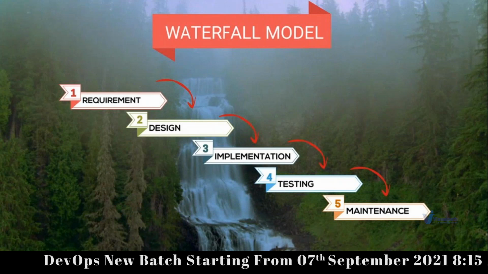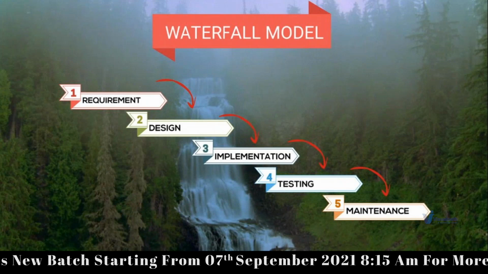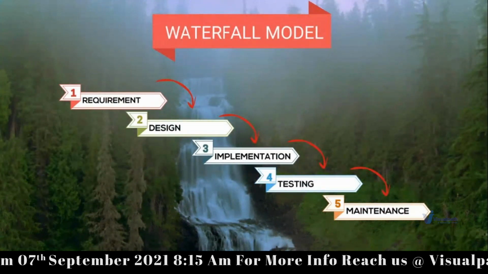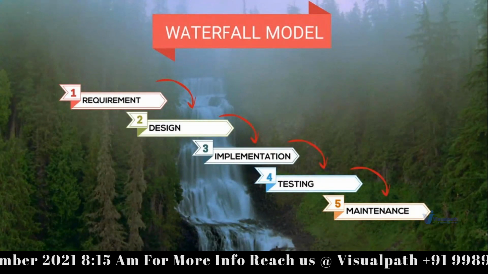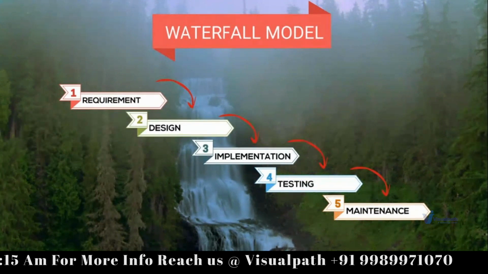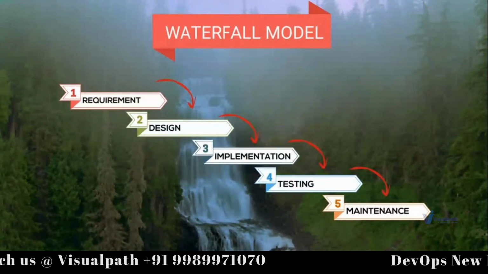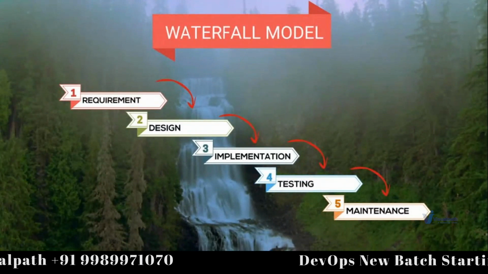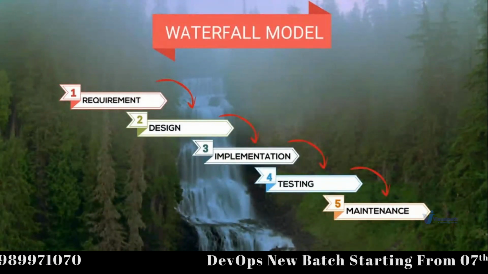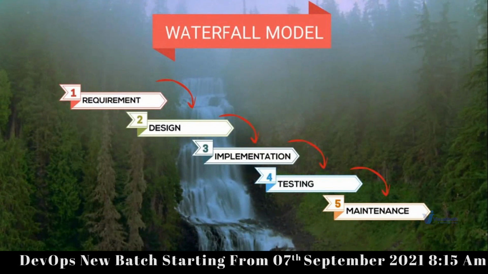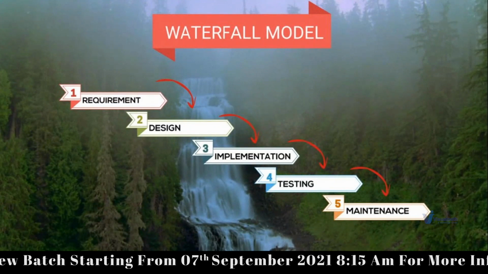Okay, when the product is completely designed, then it moves to the next phase, implementation, the development, where the developers will create the software. When they create the whole software or everything of that module, then when that is completed, it goes to the testing phase. In testing phase, everything is tested, whatever is being developed, right? And when the testing is completed, it goes to the maintenance.